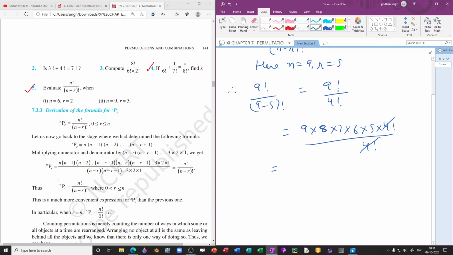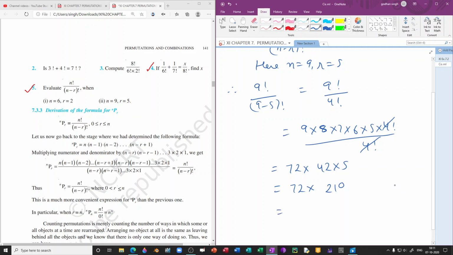9 into 8 is 72, into 7 into 6, that will give us 42 into 5. So 42 into 5 is 210.